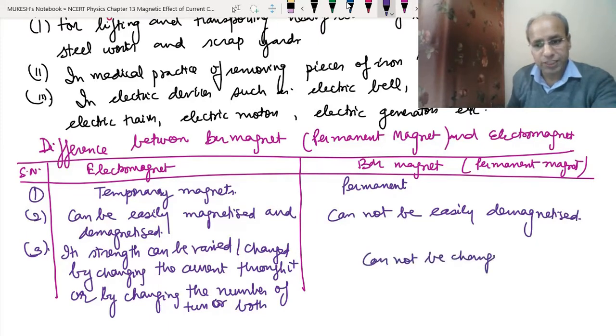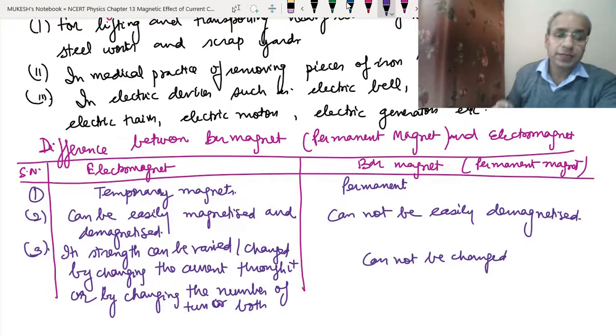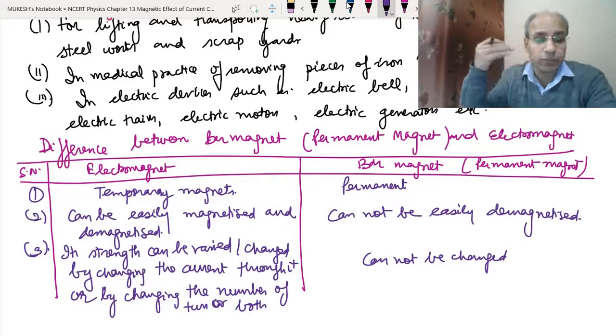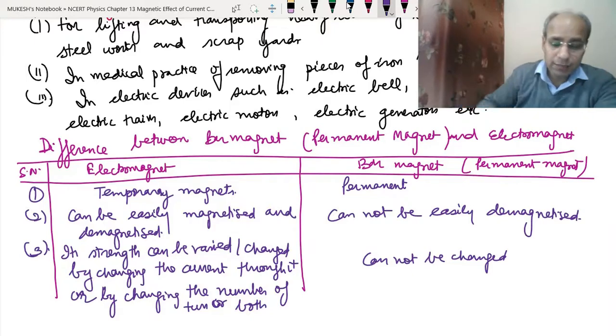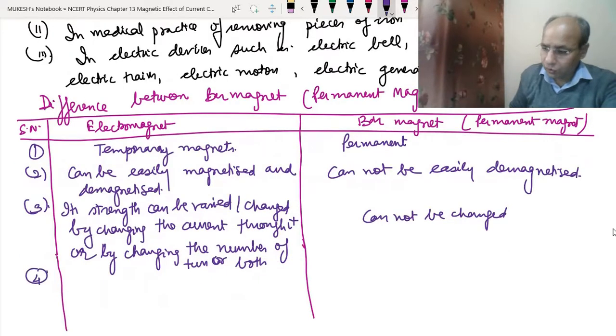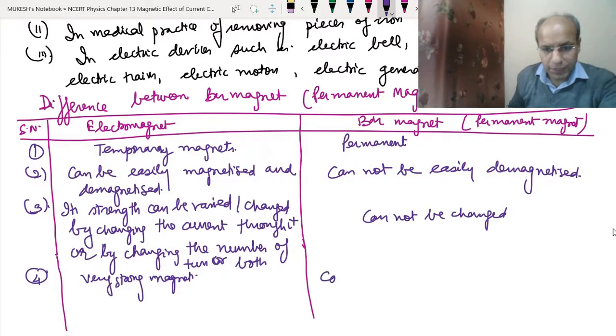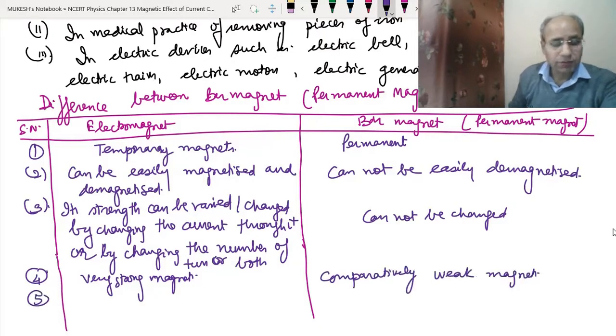It is permanent. That is why we call it permanent. That is why the electromagnets are also stronger magnets, because we can make them much stronger than the bar magnet. And the fourth point is very strong magnets. They are comparatively weak magnets.